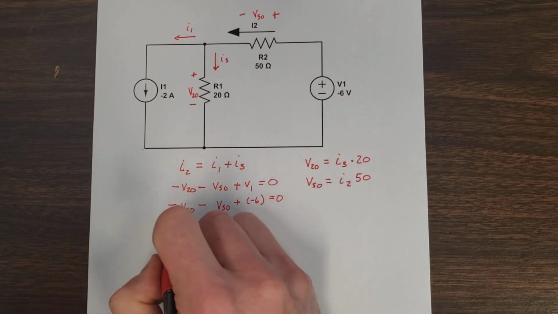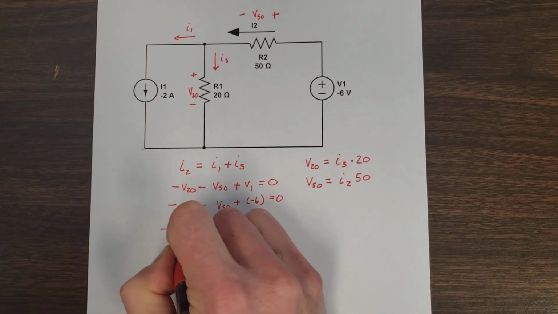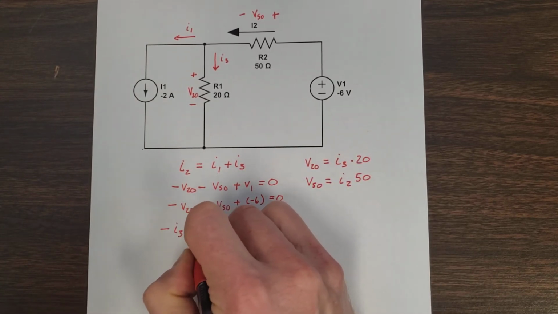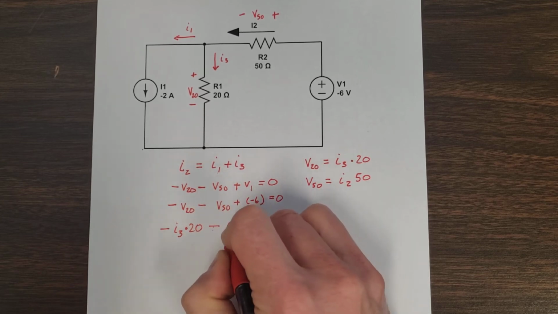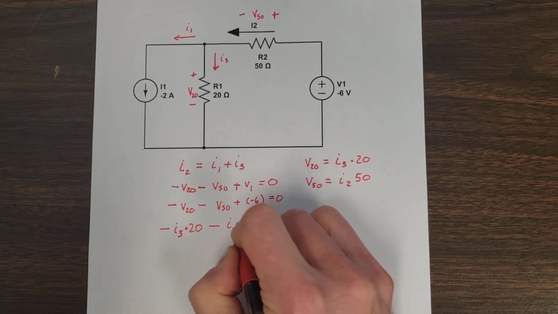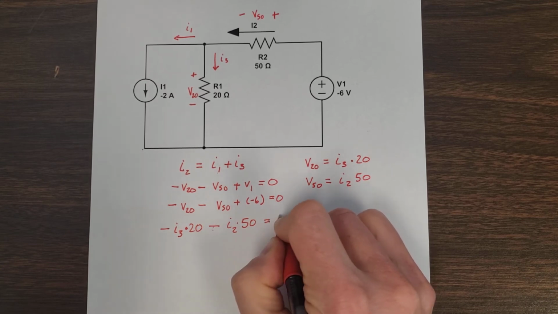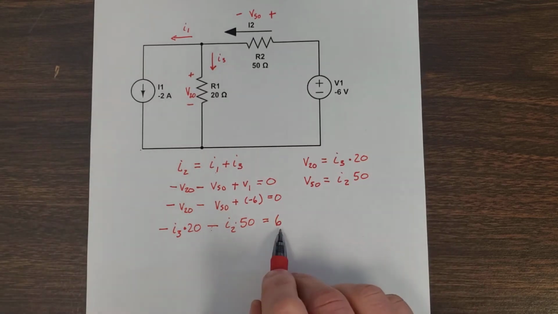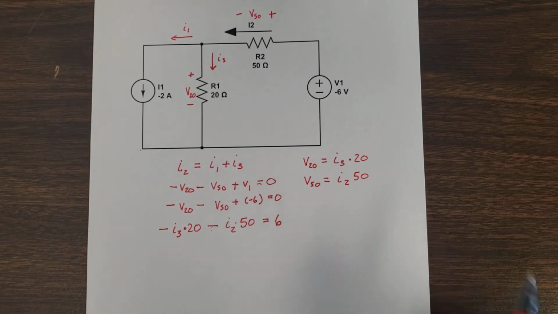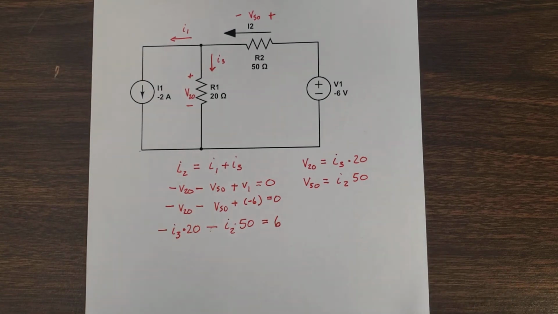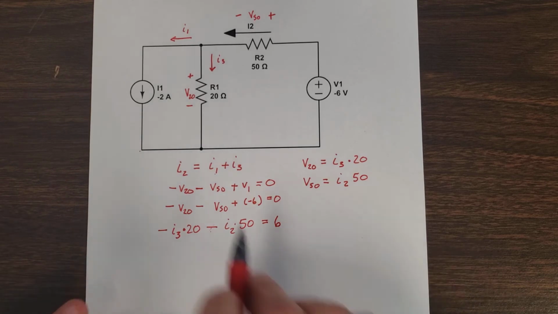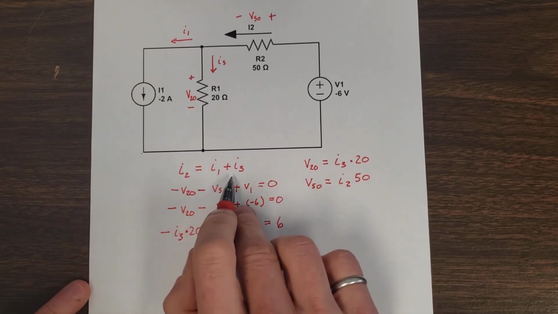So V20, you can say minus I3 times 20, and then you can say minus I2 times 50. Then I'll swing that over to the other side that we've got for 6. Okay, and now we've got this equation here.